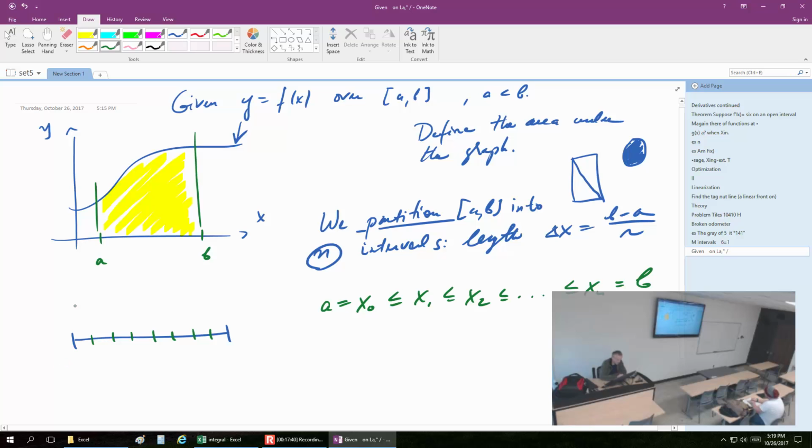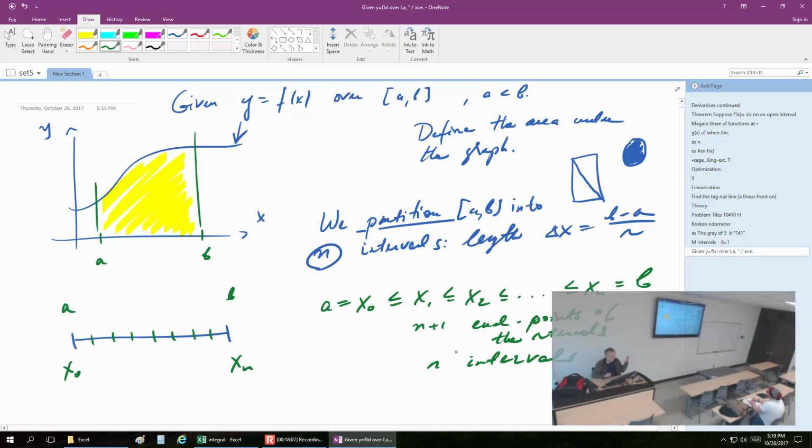Once again, this is a and b, starting with x naught to xn. As you can see, there are n plus 1 points, which we usually call the endpoints, because they are the endpoints of the intervals. The total is n intervals, n plus 1 endpoints.